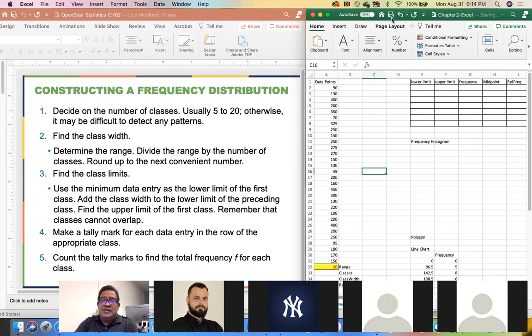We will give a better example when we are doing the counting. We make a tally mark for each data entry in the row of the appropriate class. Then we count the tally marks, and that is the frequency.